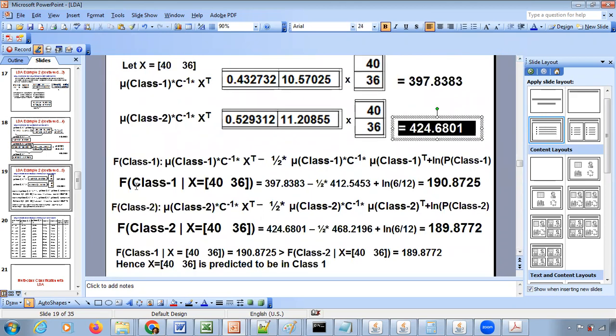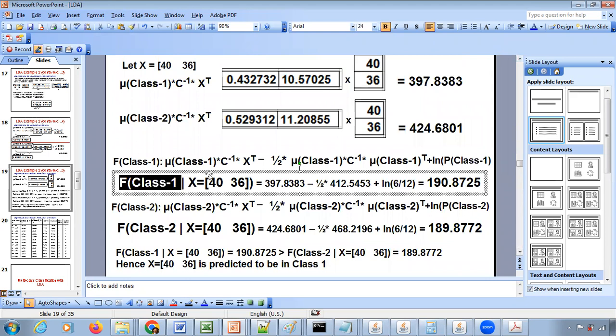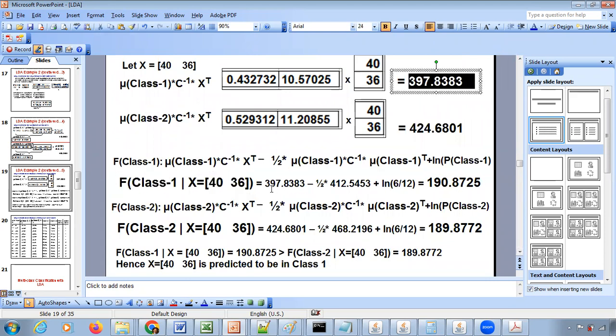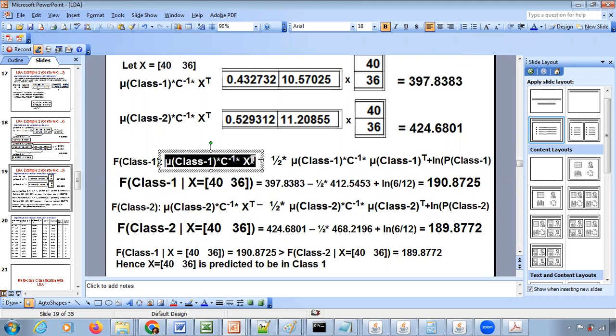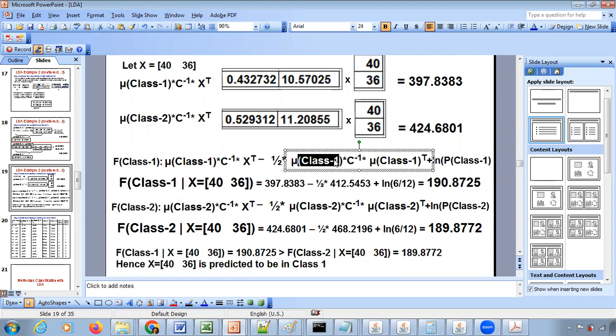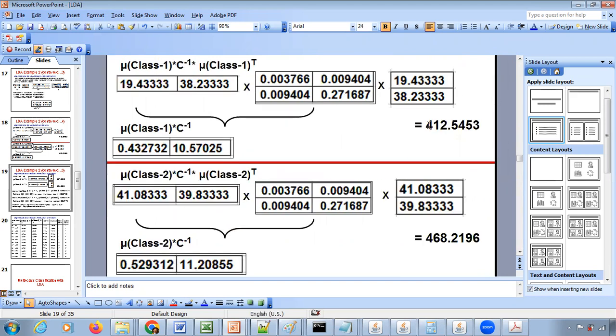So now we are ready to compute the F value for each class. For class 1, for this test data point, it is going to be 397.8383. That's the first term in this formula. Minus half times the mu class 1 C inverse times mu class 1 transpose, which we computed here for class 1 as 412.5453.